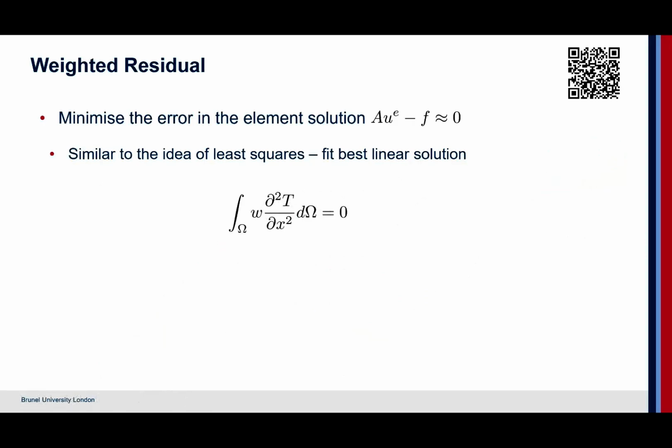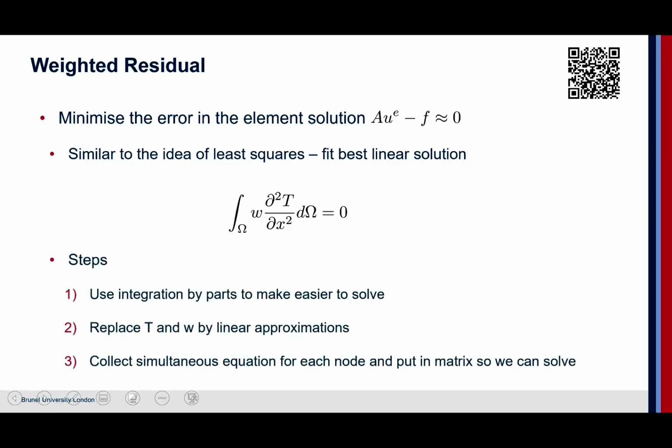Okay, so this process now is essentially to solve the integral of a weighting function times this differential equation integrated over the volume, and this volume is the entire domain, is equal to 0. So it's essentially the same solution we've just seen, but we're solving it in what's called weak form. So the steps we're going to use mathematically is we're going to use integration by parts to make this expression easier to solve.